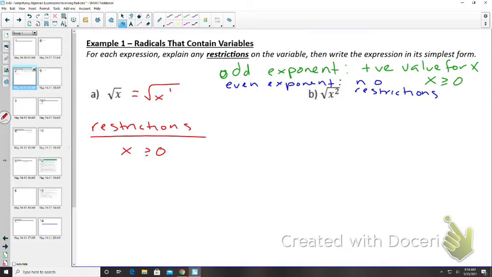And again, we have an odd exponent here, so our x must be positive. For b here, we have the square root of x squared. Now we have an even exponent, so we do not have any restrictions.